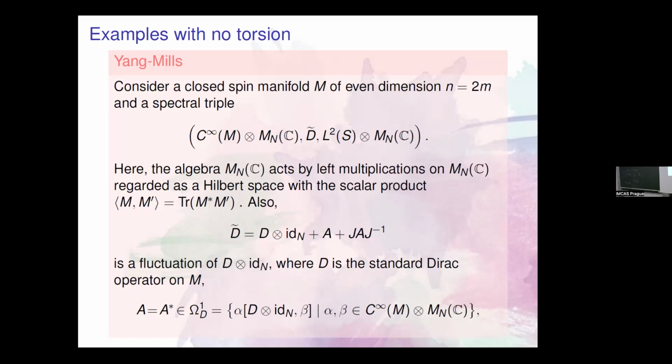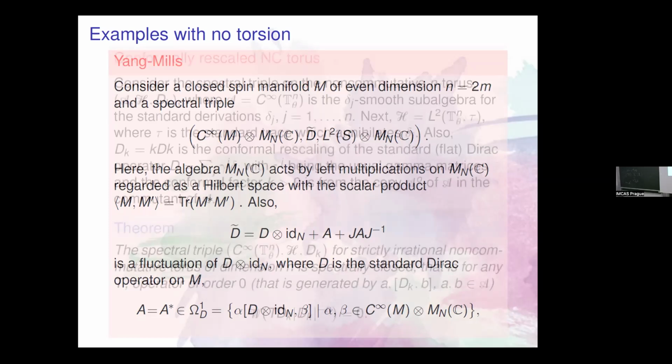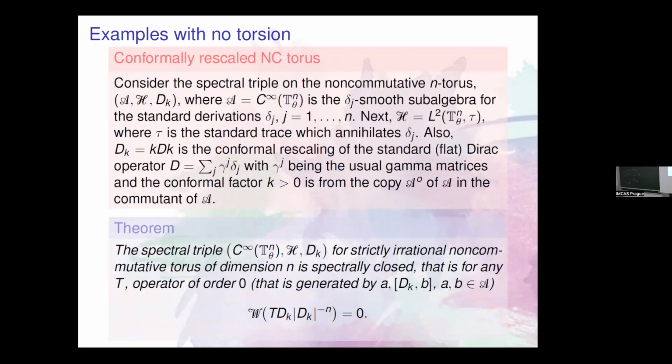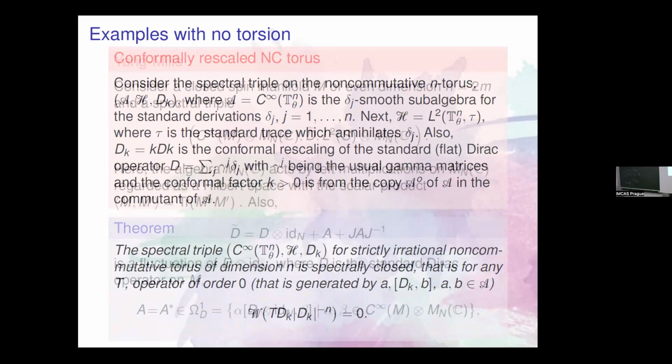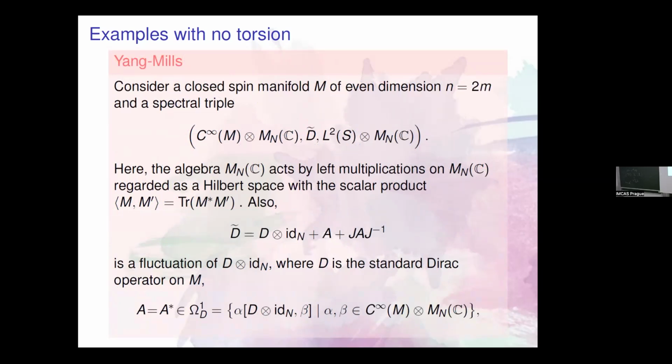This A is a sort of fluctuation. It's a matrix valued endomorphism, both an endomorphism of the spinor bundle and an endomorphism of this other bundle. And then we just computed that this example has no torsion.